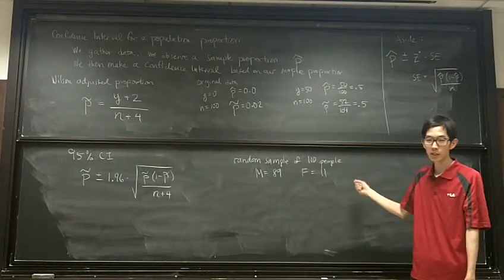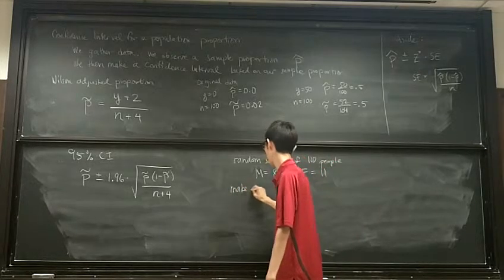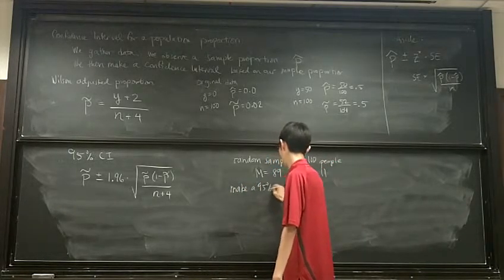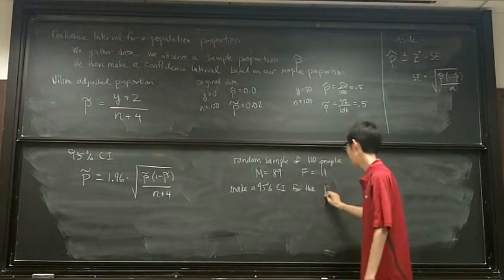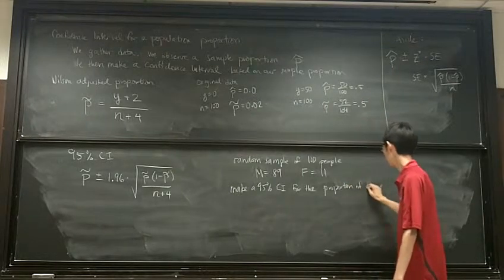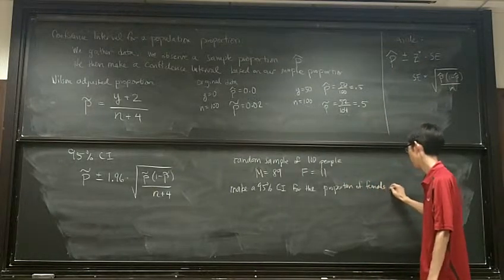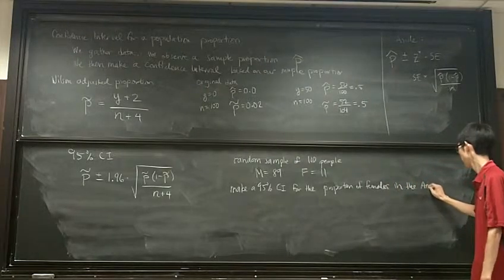And then we say make a 95% confidence interval for the proportion of females in the Army.